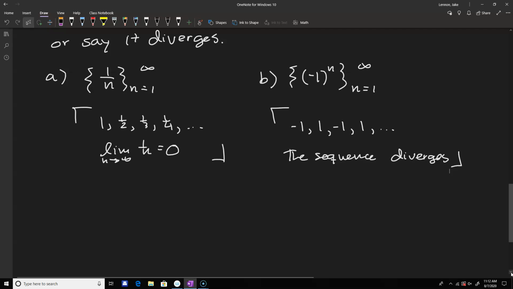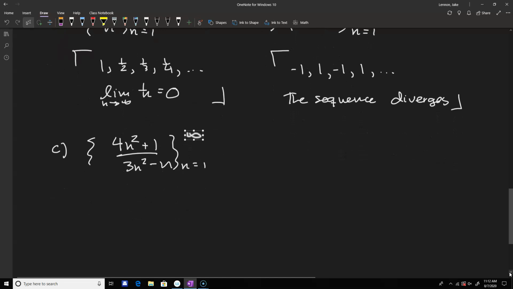Well, let's do one more, something that doesn't converge to, say, 0 or diverge. Let's look at the sequence of, say, I don't know, 4n squared plus 1 over 3n squared minus n, as n goes from 1 to infinity. Now, again, this just goes back to looking at the limit of a rational expression where we're just looking at the dominating terms.